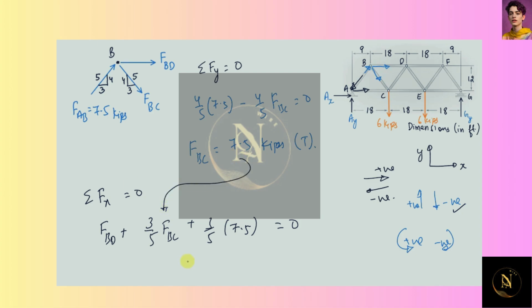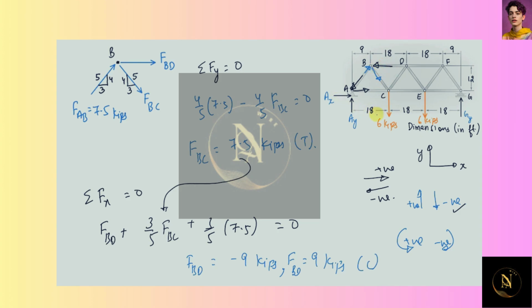From here FBD comes out to be 9 kips, and since the value is negative, that means the member would be in compression. So FBD would be equals to 9 kips and the member would be in compression. Therefore the direction of force in the member BD would be like this.